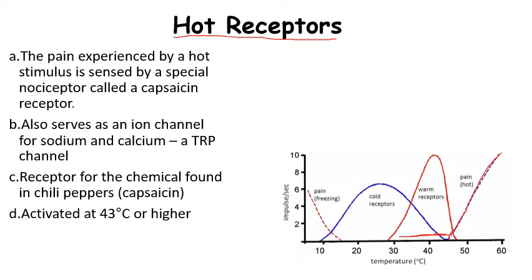These extreme temperature receptors are also transient receptor potential channels. So when we get high heat, they're going to respond by opening up, and again, they serve as sodium and calcium channels when responding.